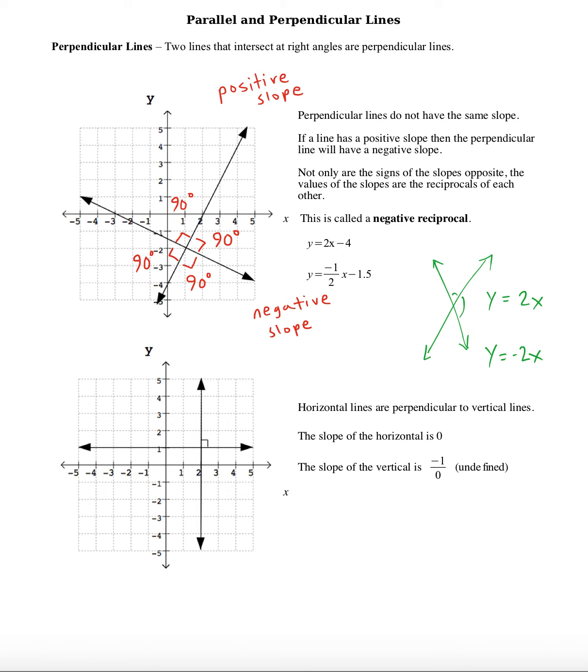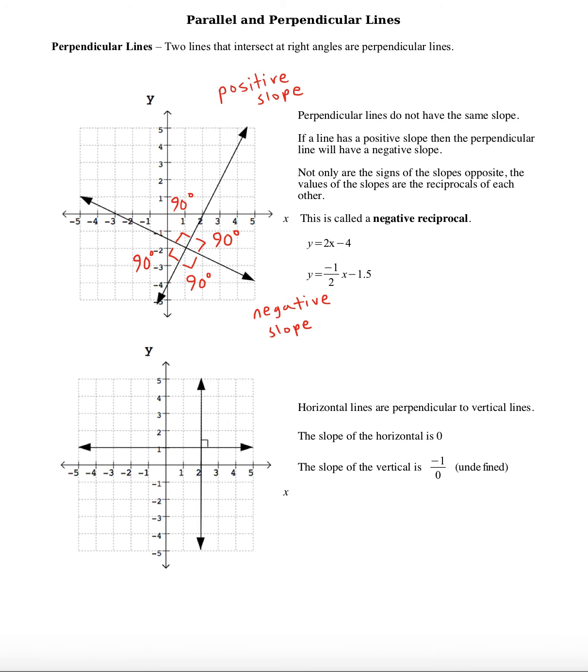Turns out that we actually have to have the number flipped as a fraction. So instead of y equals negative 2x, we would actually want negative 1/2 x. Because 2 is 2 over 1, for perpendiculars, we have to flip the numerator and denominator. It's called a negative reciprocal.